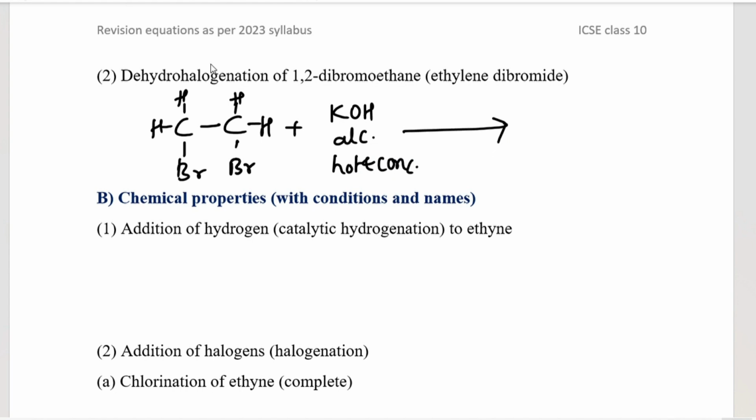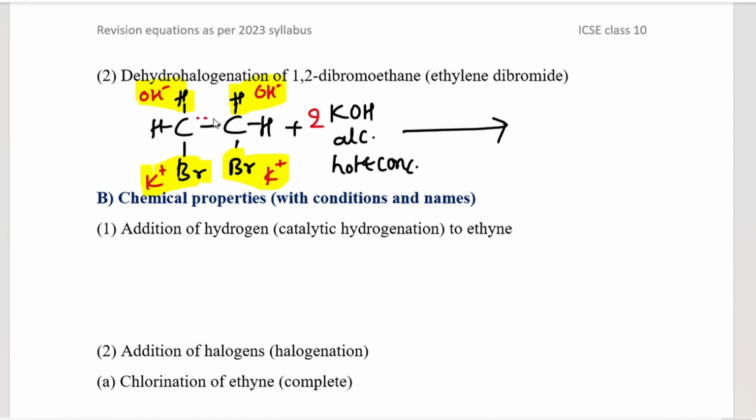Next, what's happening here? That's important. For this we need two molecules of KOH. One K plus will be here, one K plus will come here, one OH minus here, one OH minus here. You need not show all of this, I'm writing it just to make you understand. So OH minus will take away H plus, K plus will take away Br minus. Two things are going on simultaneously.